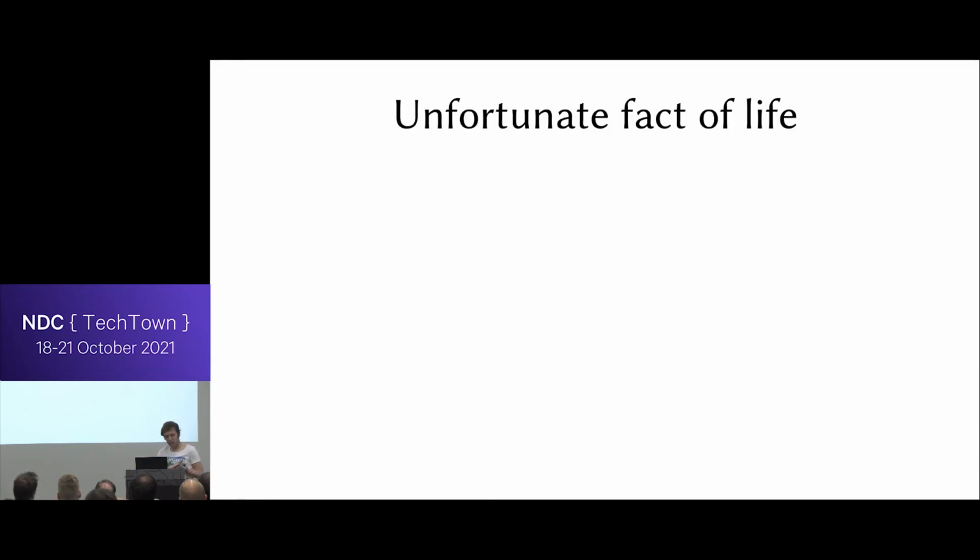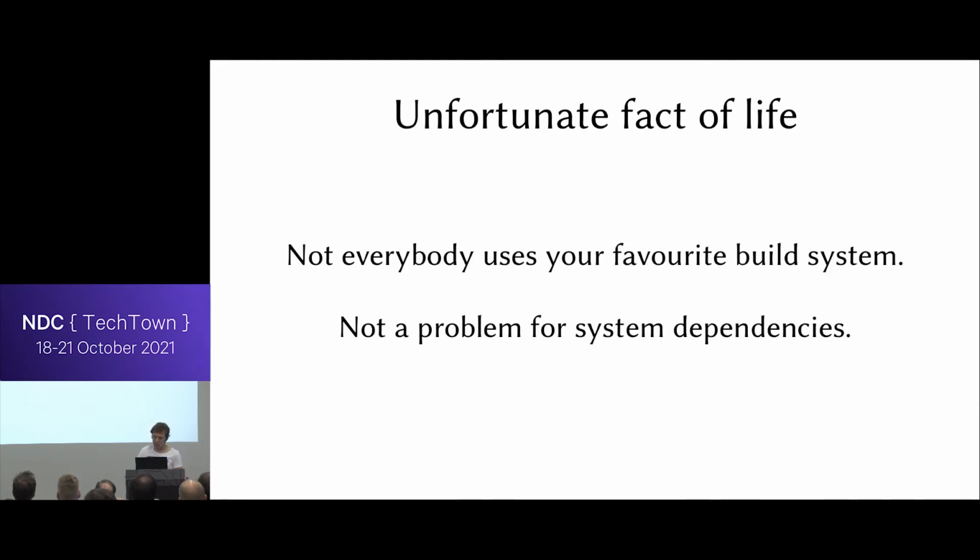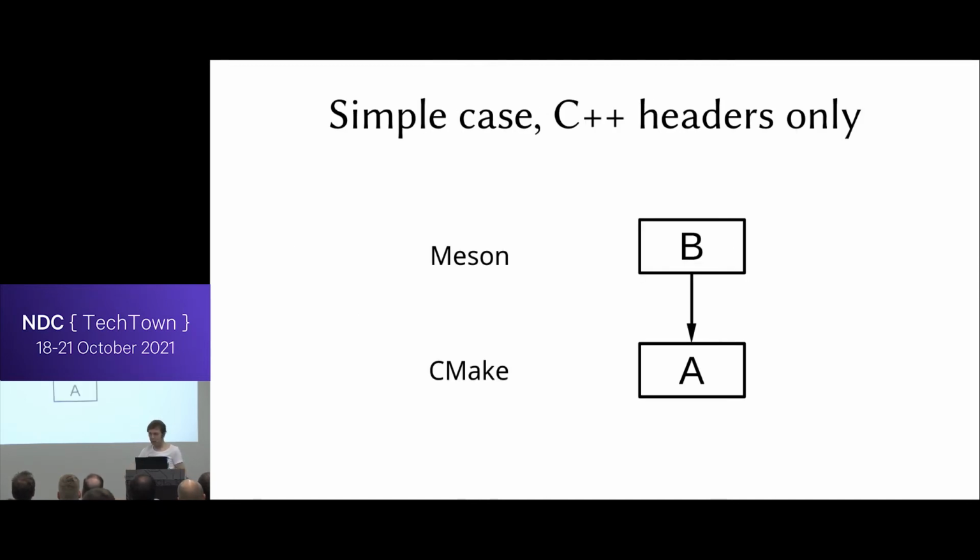More unfortunate facts of life: not everybody uses your favorite build system. This is not really a problem for system dependencies, obviously. If everyone used the thing that you like and it supported this, then you could just take them. But they don't. Let's look at how that would work.